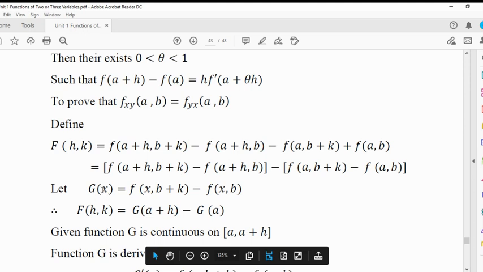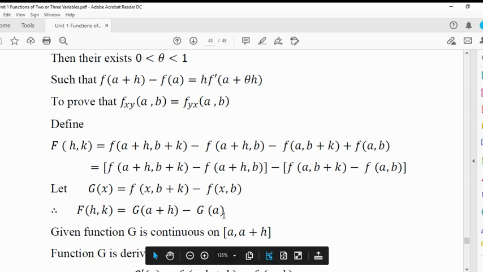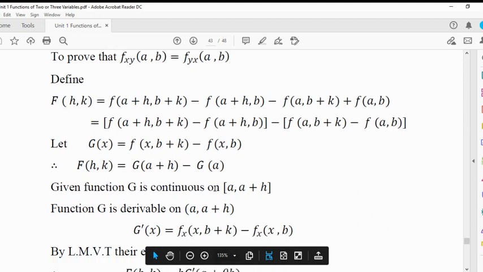If we replace x by a plus h, the function becomes f of (a plus h, b plus k) minus f of (a plus h, b), which is nothing but G of a plus h. Similarly the other two terms are G of a, so capital F of (h, k) is G of a plus h minus G of a.